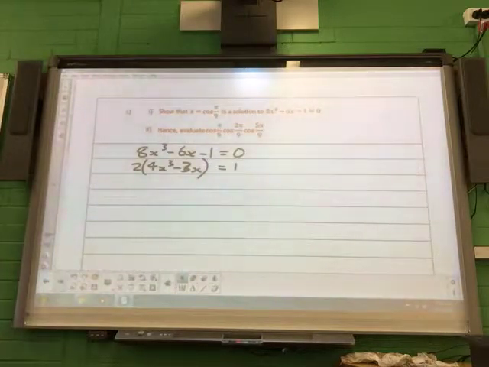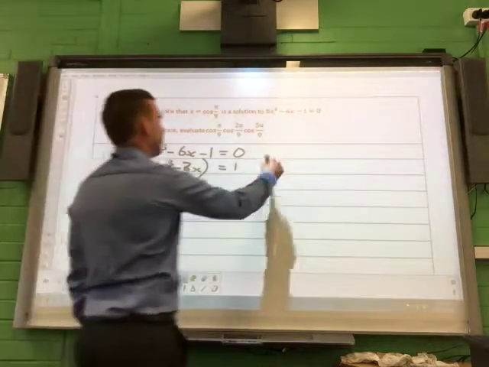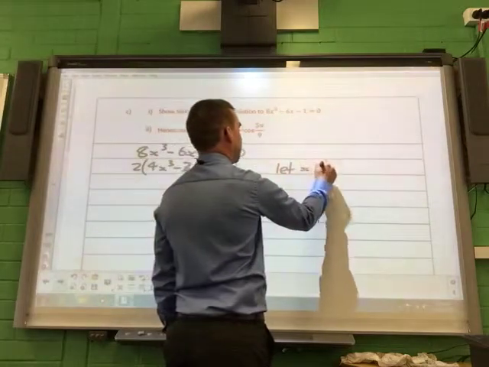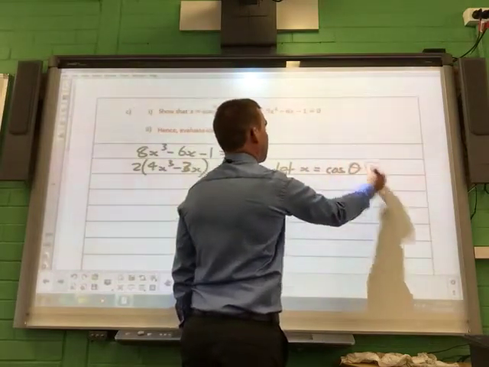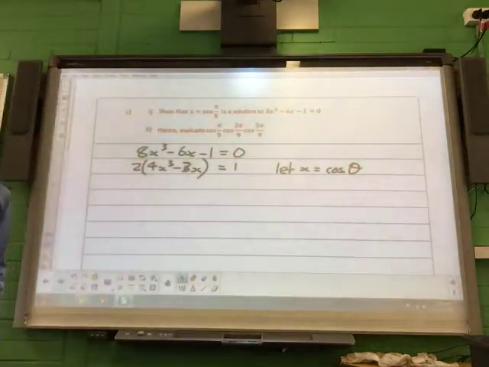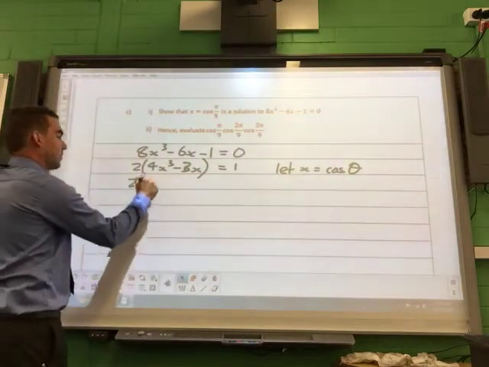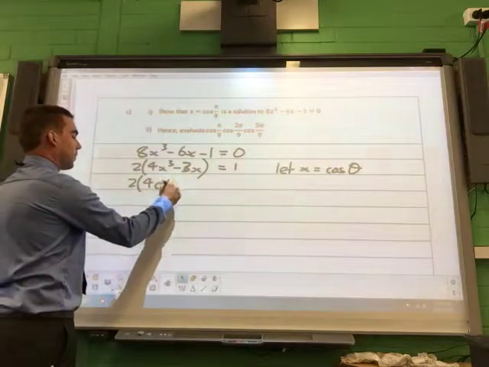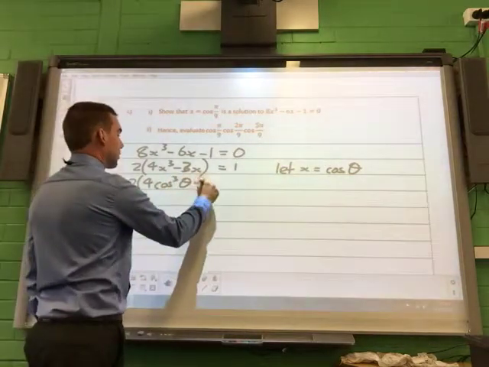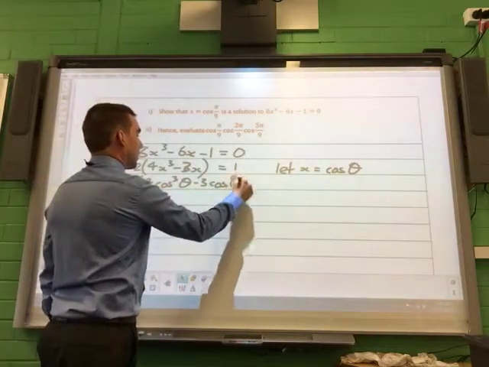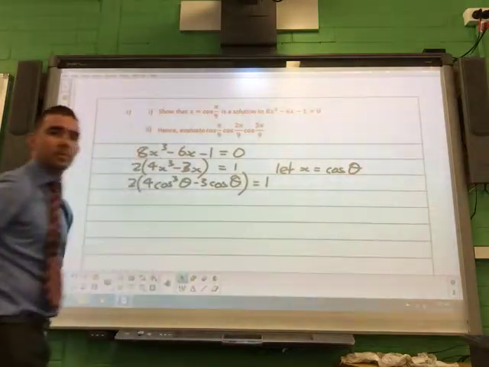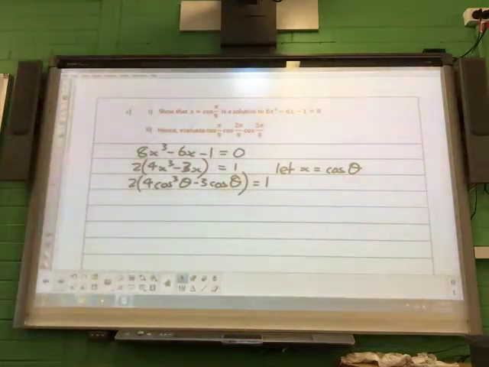So if we let x equal cos of theta, and the reason why I factorise that 2 out, because inside the bracket I have 4 times cos cubed of theta, take away 3 cos of theta.